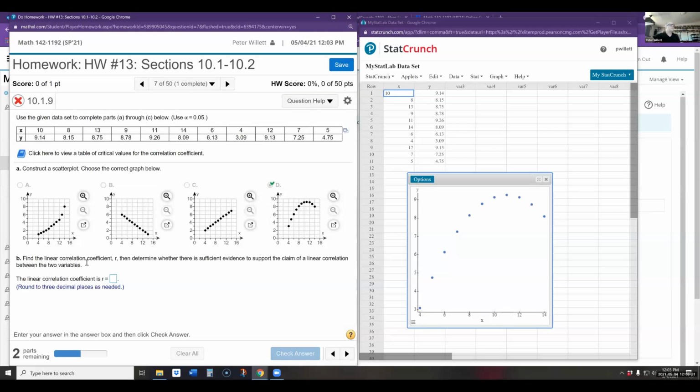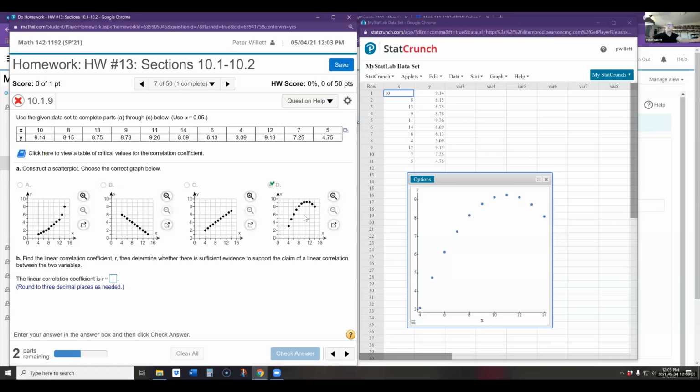Then it says, find the linear correlation coefficient R, then determine whether there's sufficient evidence to support the claim of a linear correlation between the two variables. Well, that's interesting. So we're going to want to look at this carefully here. And here's where the logic I was discussing before is going to matter. Because notice, clearly from the scatter plot, there is not a linear correlation.